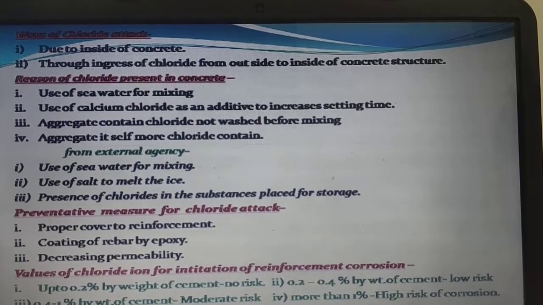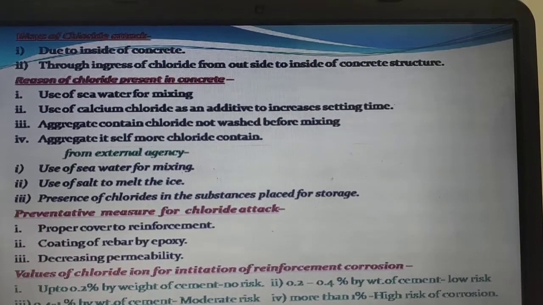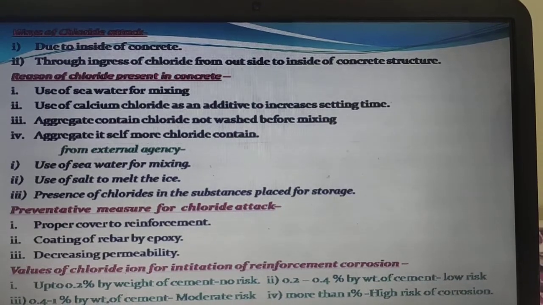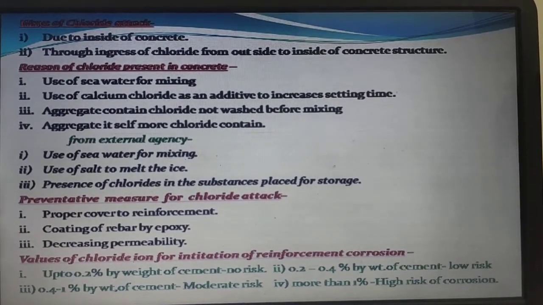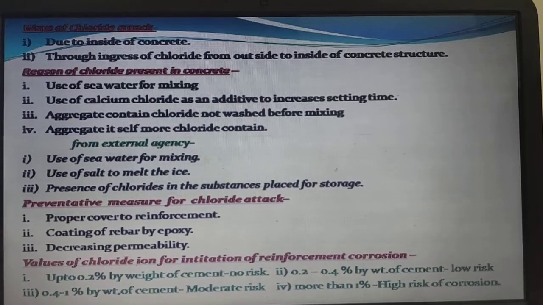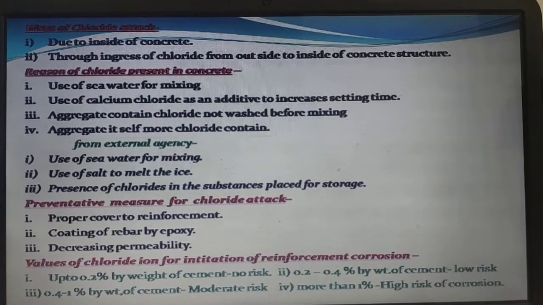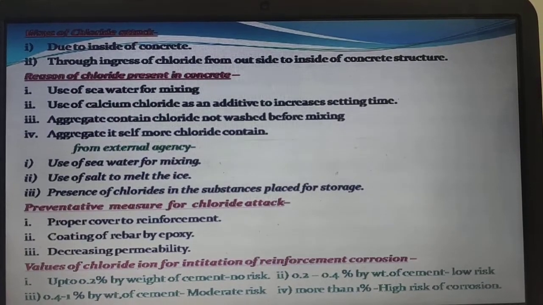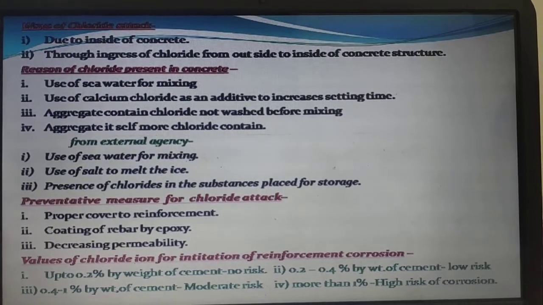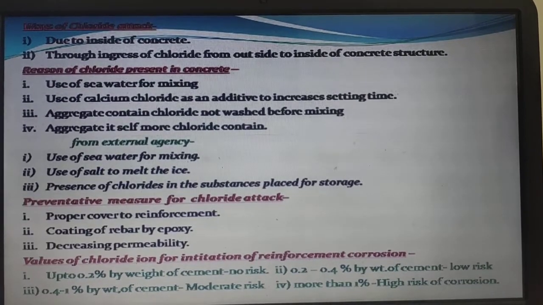The second is ingress of chloride from outside to inside of the concrete structure. Chloride present in the environment will penetrate into the concrete through pores or cracks in the presence of water. This is also one way of chloride attack.